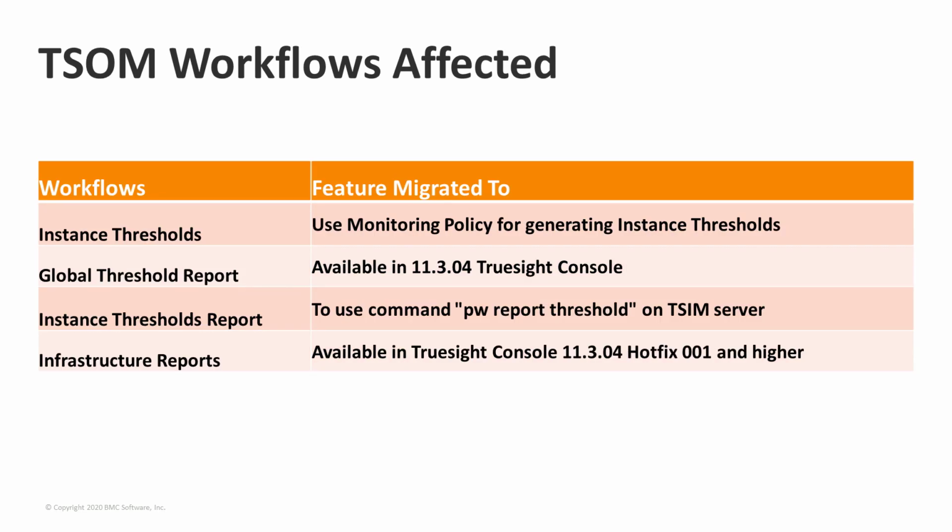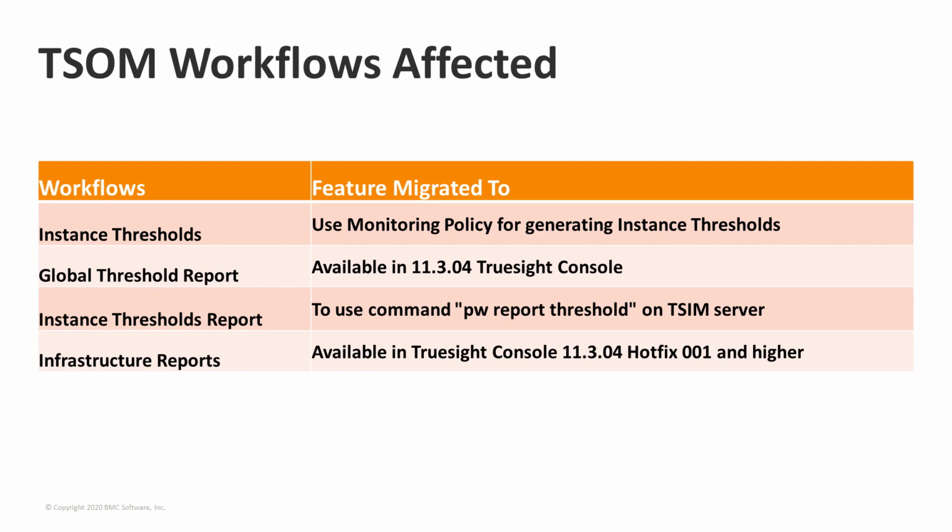Instance thresholds can be created using monitoring policy from the TSPS console. While creating a policy, you can click on Server Thresholds tab to configure the instance thresholds. Then Global Thresholds report can be pulled from configuration, and then under configuration, you'll have a Global Thresholds option.